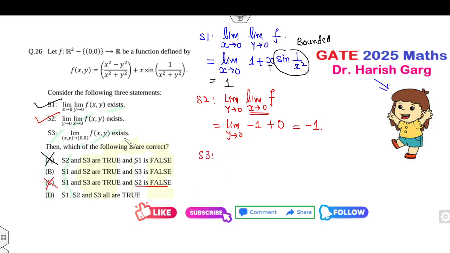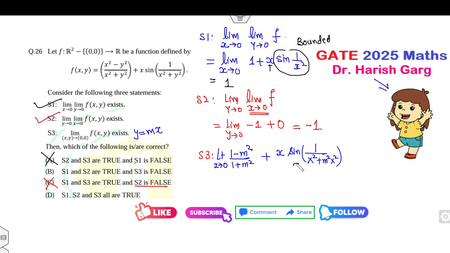S3, you take both the limits at the same time. So when you take both the limits at the same time, I can choose the path y equal to mx. Once you take y equal to mx, your answer will be (1 minus m square) over (1 plus m square) plus x sine of (x square plus m square into x square), provided the limit x approaches 0.